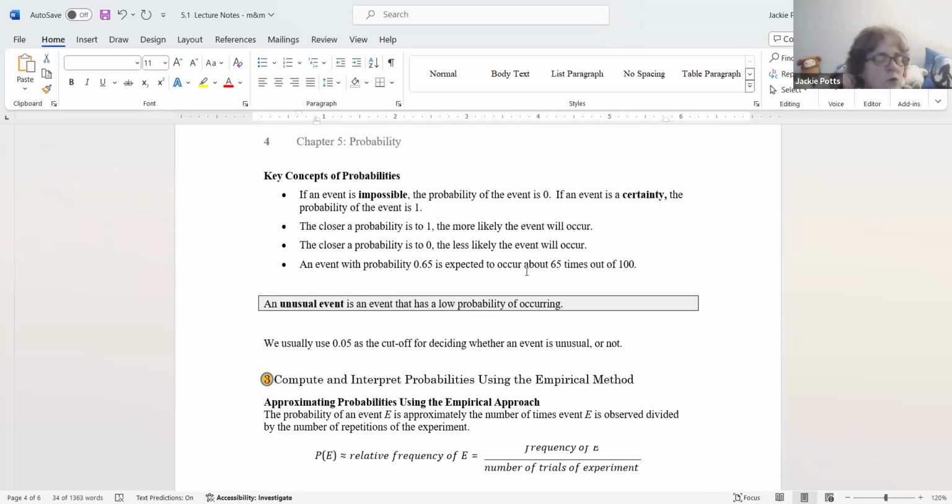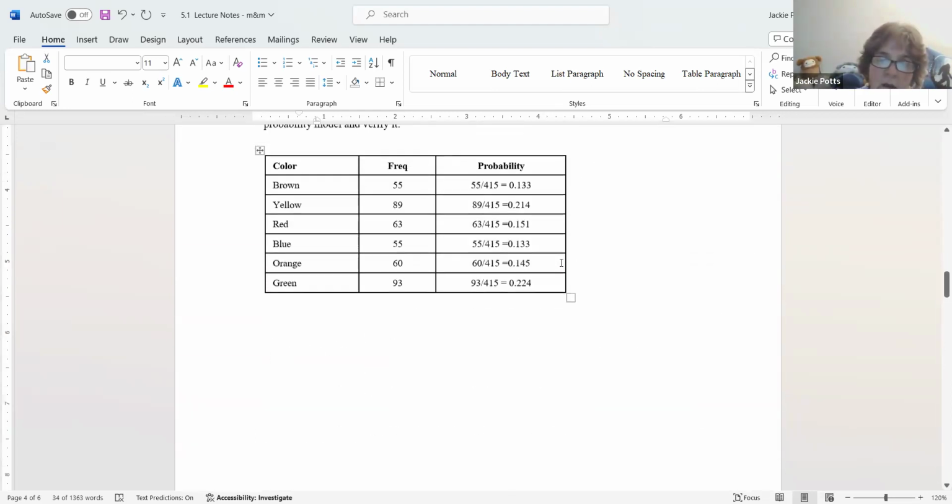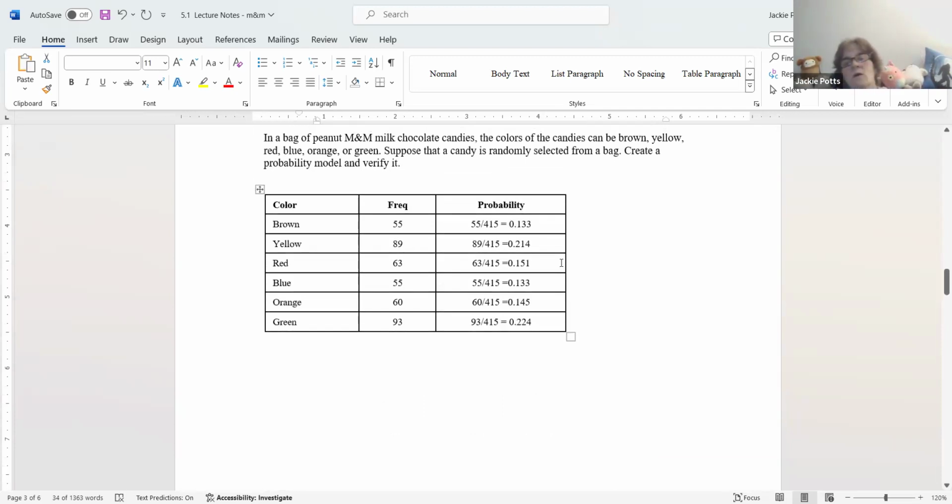And if I'm going to interpret it, the probability of the event means how many times out of 100. Or in this case, it'd be out of 1,000 because 3 decimal places goes to 1,000.